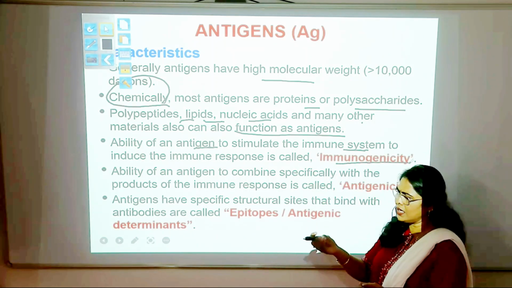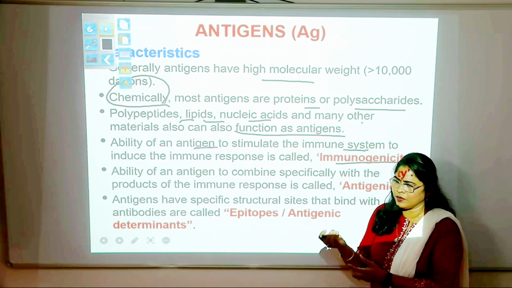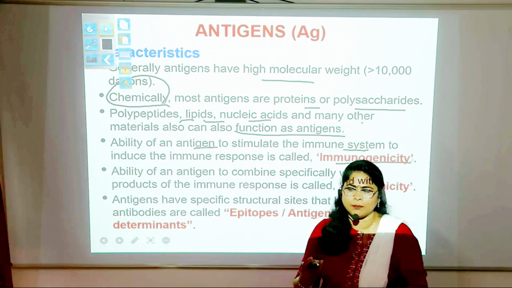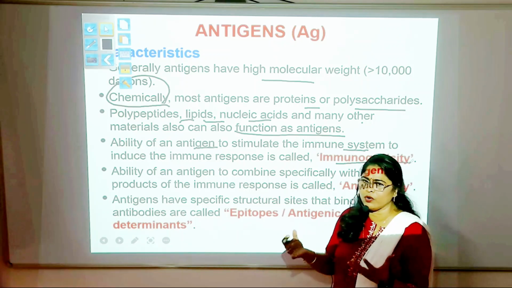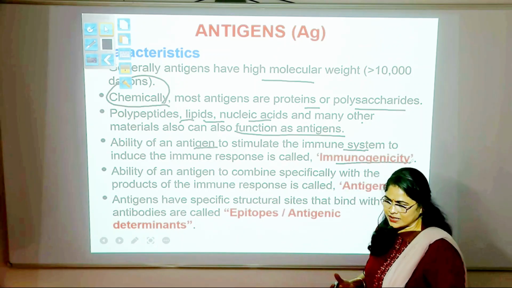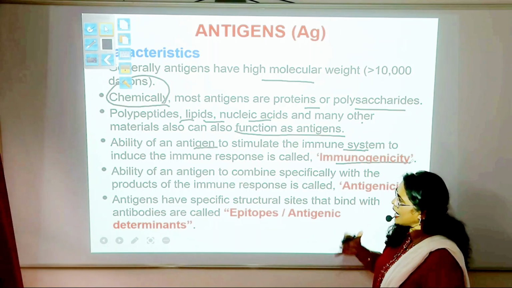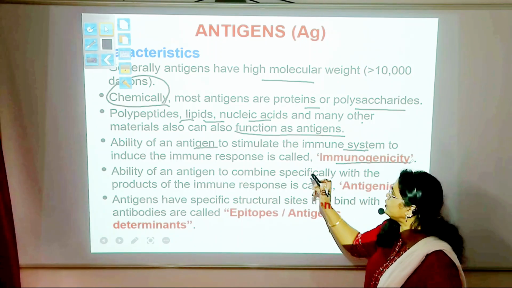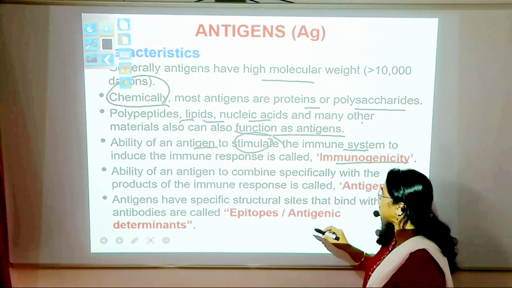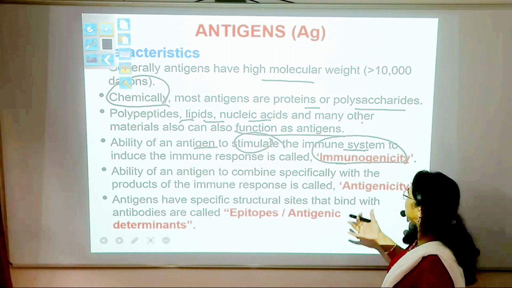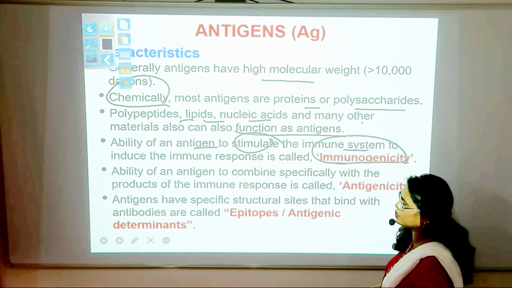For example, a stent, a rod used during a surgery, or a pacemaker will not evoke any kind of immune response. They are inert. So an antigen should have an ability to stimulate your immune system and induce an immune response, and that is called immunogenicity.